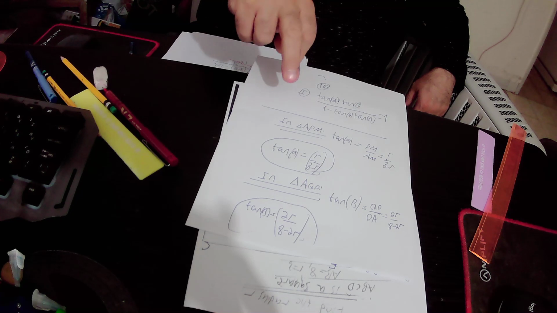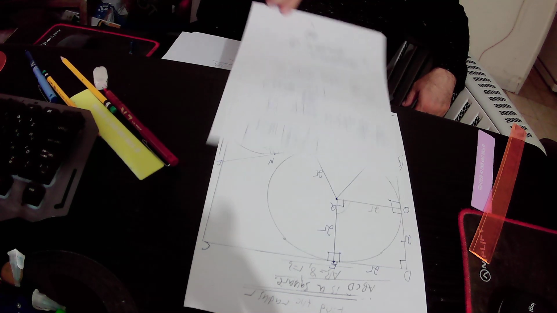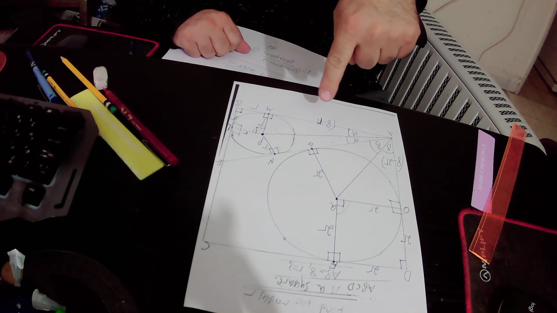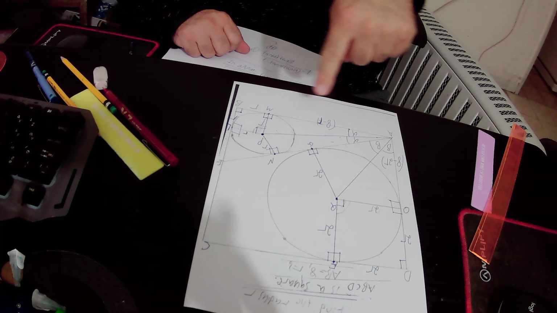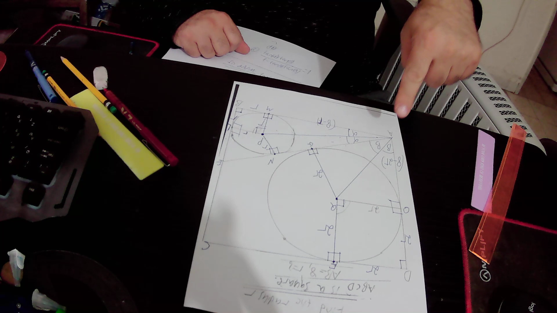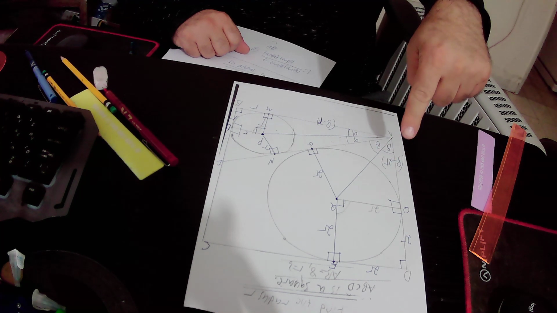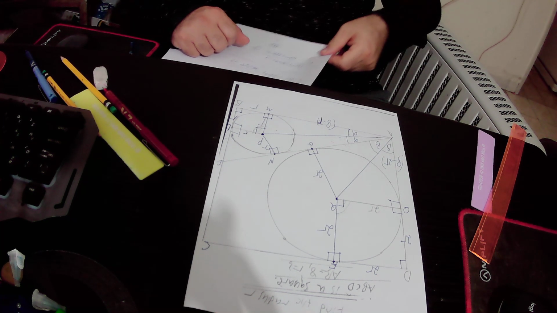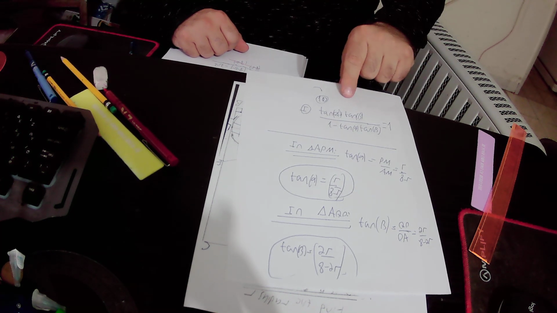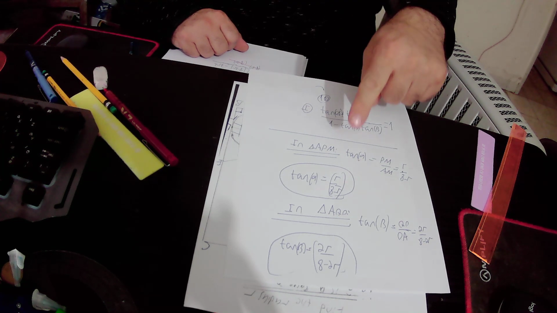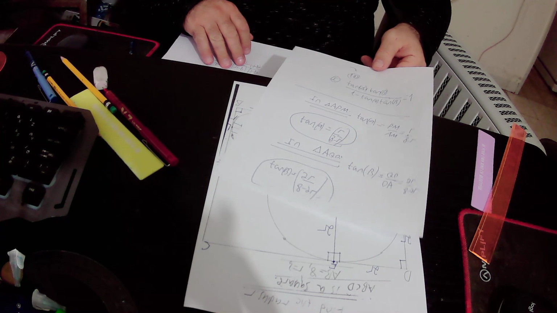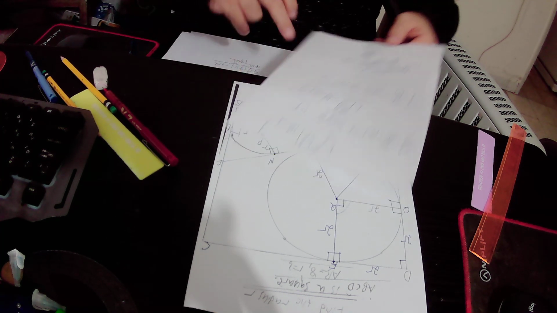If we focus on triangle APM, tangent alpha equals R over 8 minus R, and tangent beta, if we focus on these right angles, equals 2R over 8 minus 2R. Okay? So we substitute tangent alpha and tangent beta by those two values.